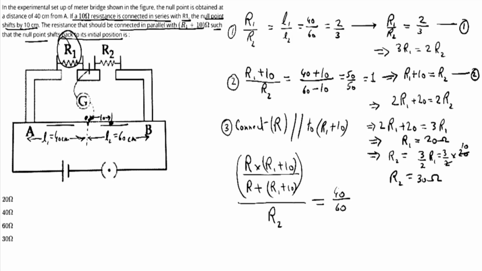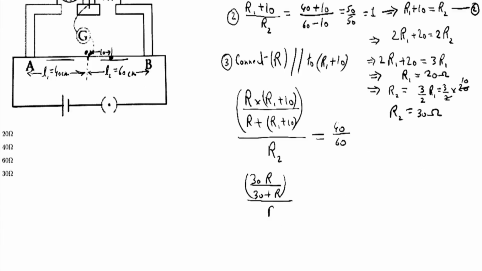Now on solving this, on putting the value of R1, it will be 20 plus 10, it will be 30. So 30 R divided by R plus R1, R1 is 20, this is 10, it will be 30. So 30 plus R, divided by R2 is equal to 2 by 3.